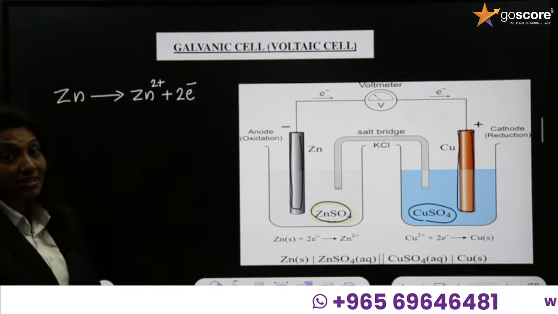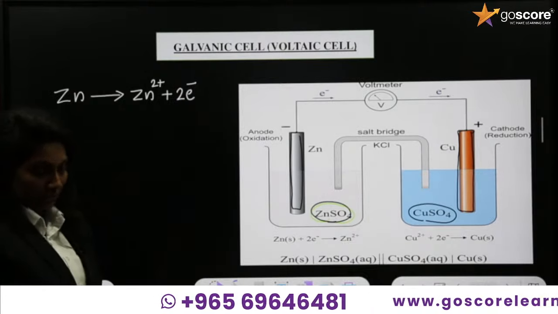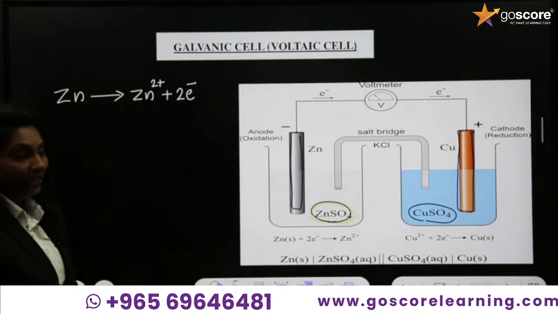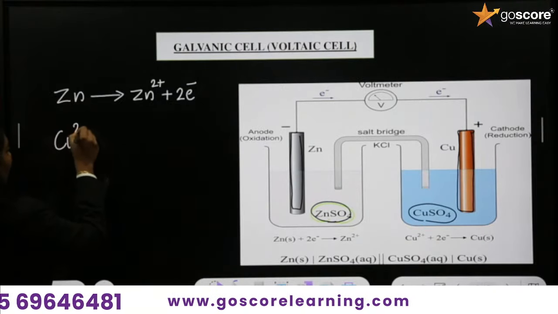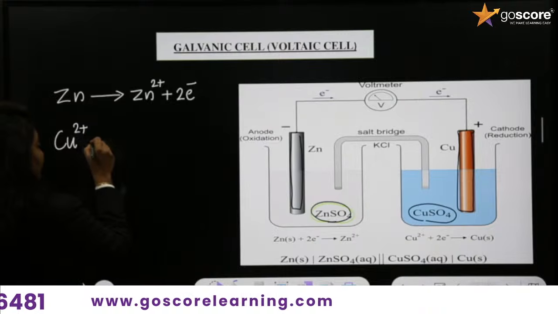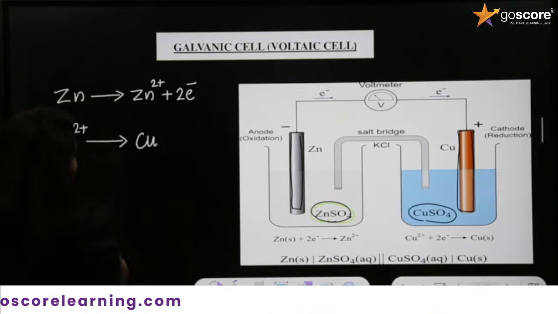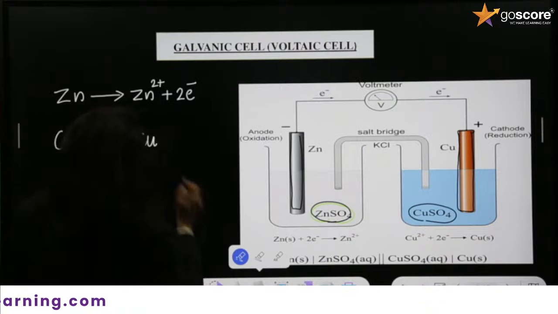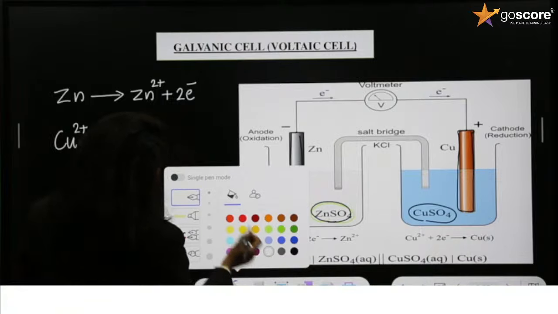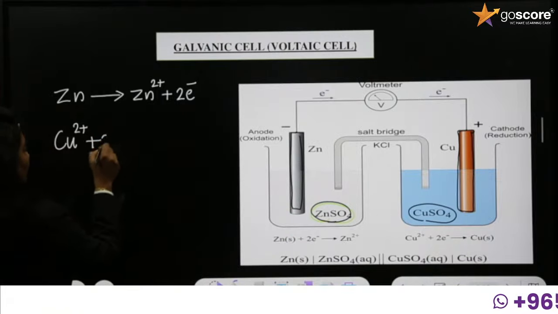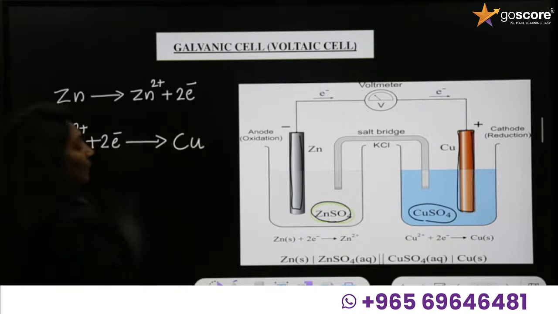So here zinc is losing 2 electrons and is converting into Zn2+ ions. And also the Cu2+ ion is getting converted into copper by gaining 2 electrons.